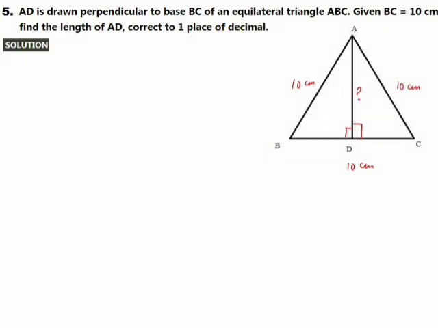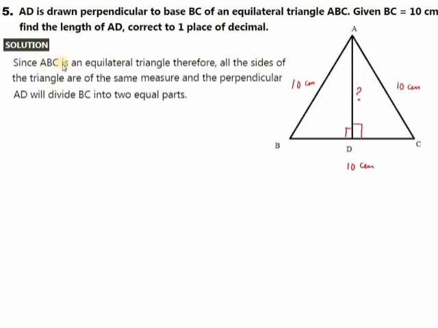Since triangle ABC is an equilateral triangle, all the sides of the triangle are of the same measure, and the perpendicular AD will divide BC into 2 equal parts. It means in case of an equilateral triangle, whenever you draw a perpendicular, this perpendicular will bisect this side.